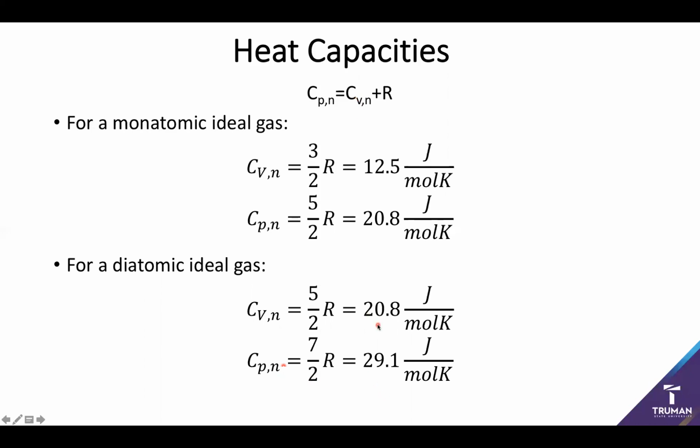And now instead of being almost twice as hard, it's about 50% harder to heat the system. This is much more analogous to real situations, just due to the fact that oxygen and nitrogen, the primary components of an atmosphere, tend to be diatomic.